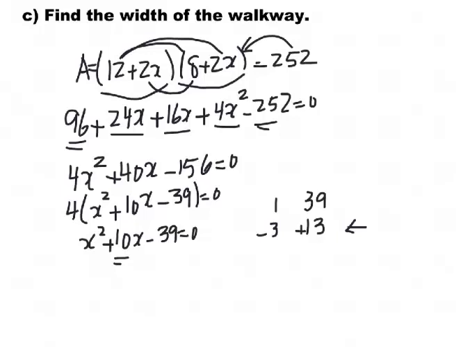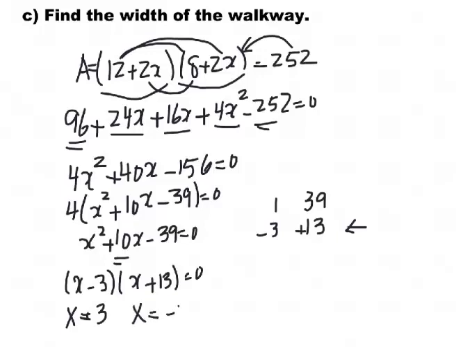So I can write this equation as x minus 3 times x plus 13 is equal to 0. So this means that either x is equal to 3 or x is equal to negative 13. Since x is the width of the walkway, it cannot be negative.